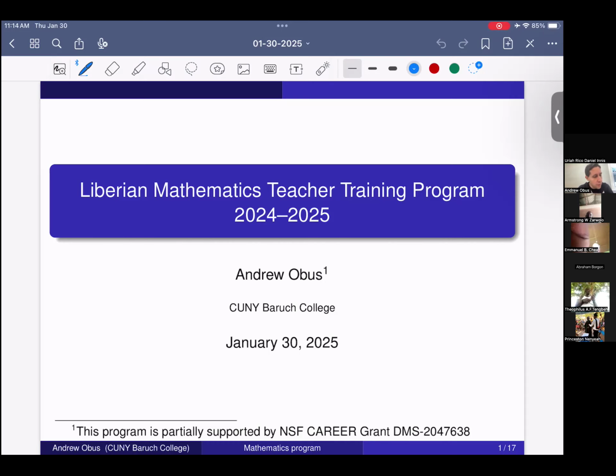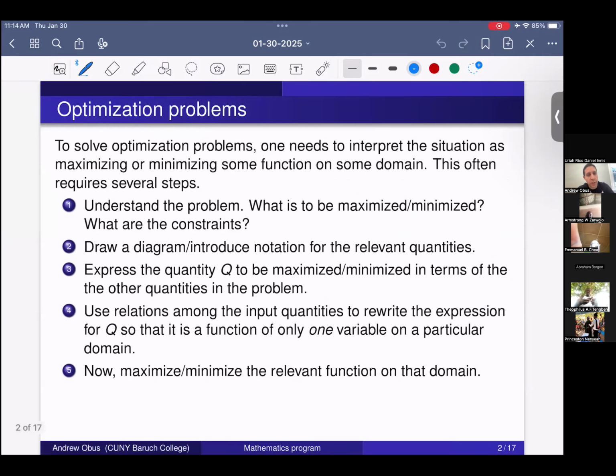And for this week, I just want to start with a little review of the general strategy we have for optimization problems, which we had a slide for last time. How do we solve an optimization problem? We're trying to maximize or minimize something.